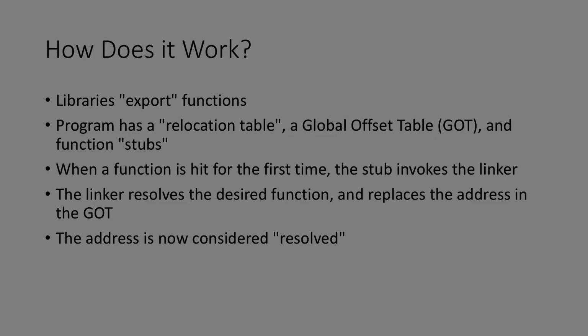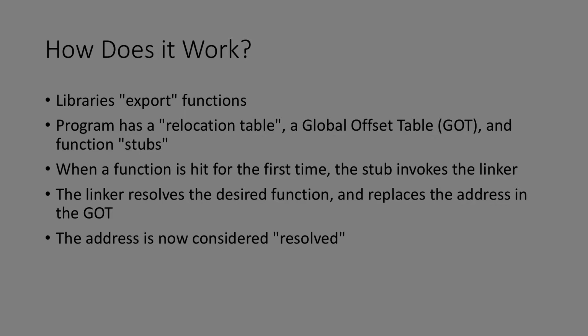As soon as the function is called for the first time, what's at the address where, let's say, printf is expected to be local in the binary is a little stub that says, okay, let's actually invoke the linker and pass it an argument that says, give me the address for printf. The linker goes and does its magic. We'll skip over that entire part because it's lower level than we really care about.